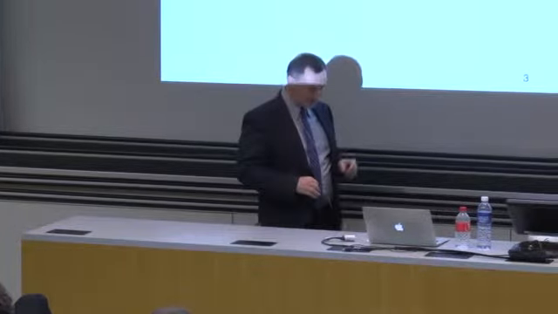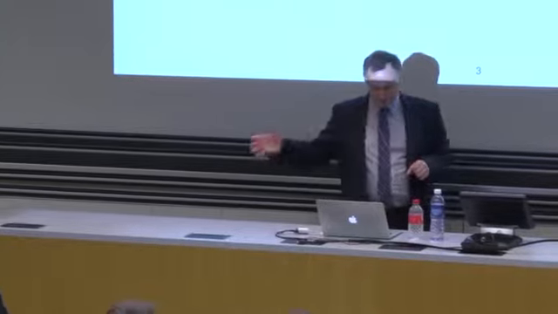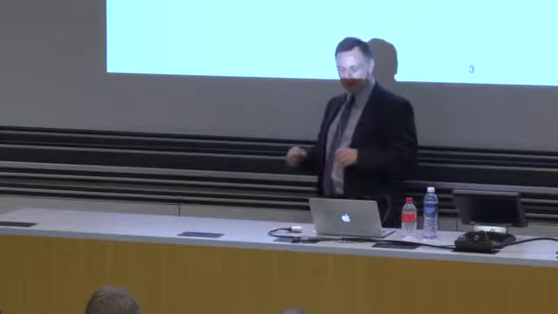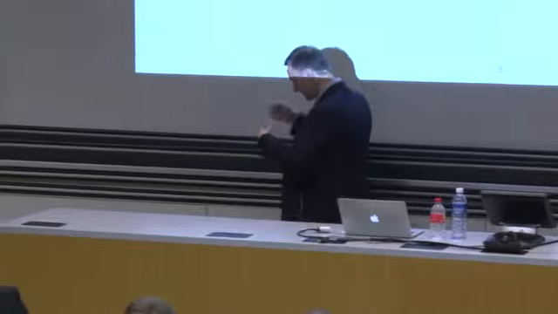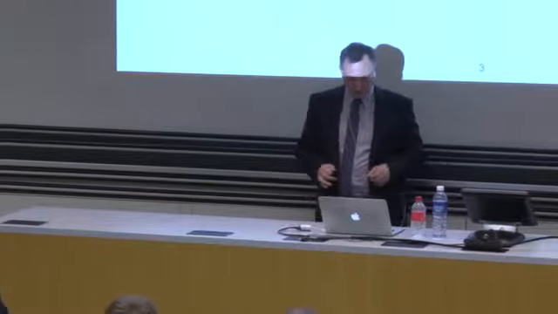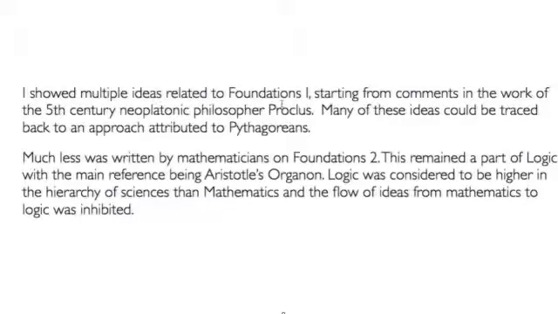One was along the line of continuous and discrete, from the Pythagoreans, and another along the line of pure and applied, from Geminus. This structure of foundations 1 continued to exist with various modifications through many centuries.